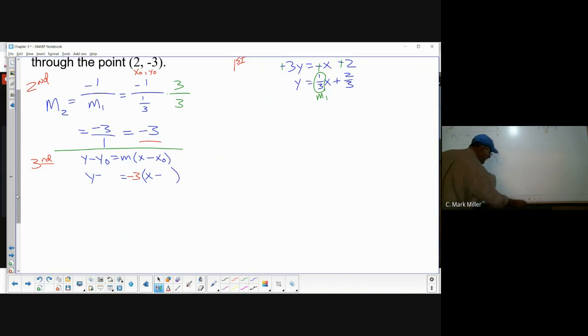So y0 is -3. x0 is 2. Simplify. Those cancel. So y plus 3 is -3x plus 6.